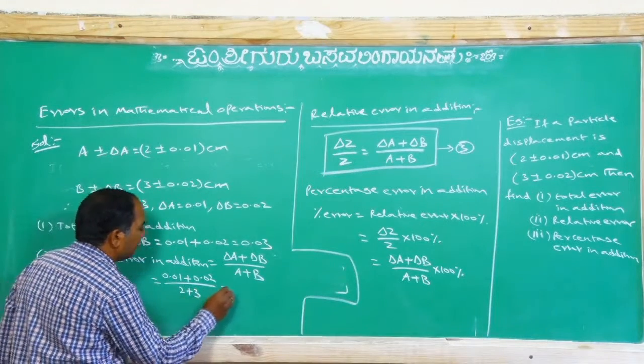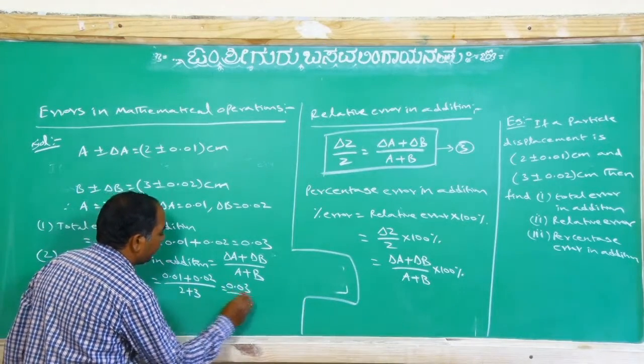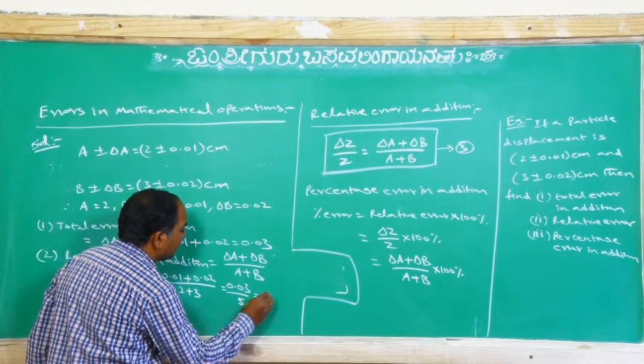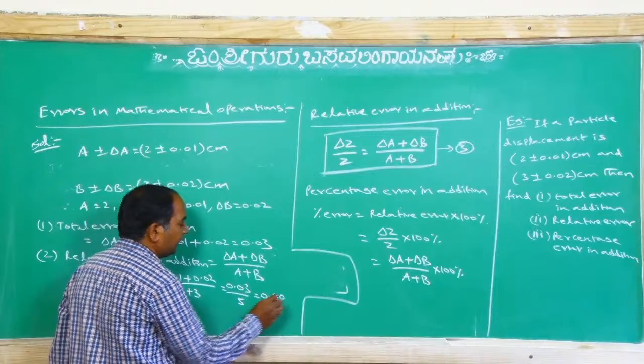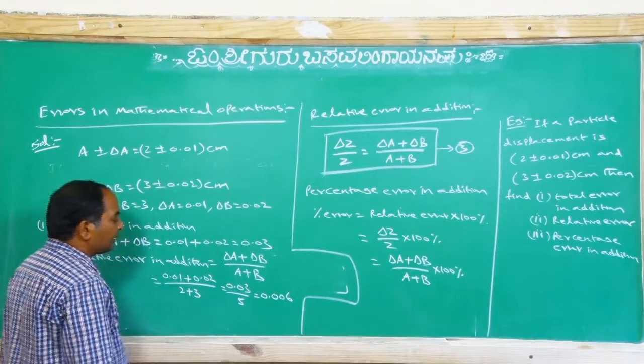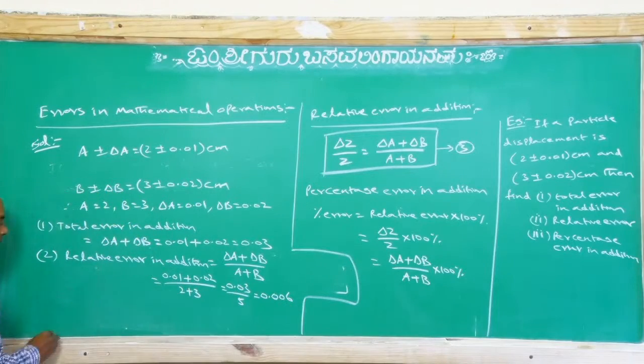That is equal to 0.03 by 5. So that is 0.006. So that is the relative error.